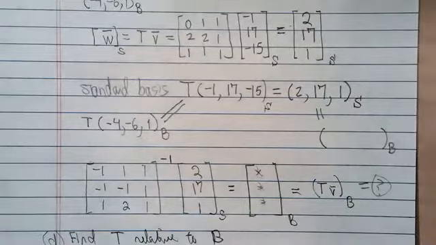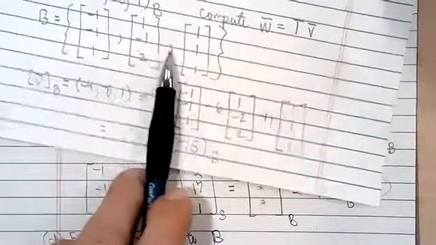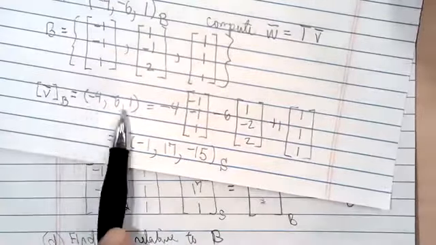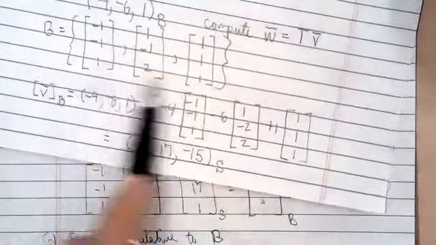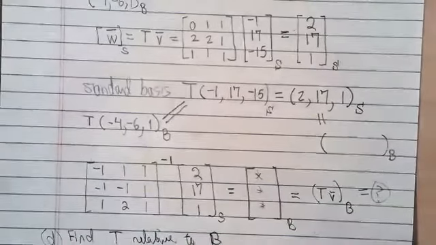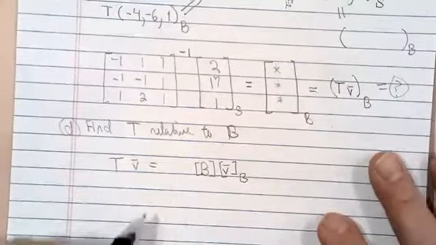And we spelled it out in detail somewhere. Oh, right here. We took these B basis vectors and we multiplied this minus 4, minus 6, 1 on the left by the B matrix to get this. So you take that B coordinates, multiply on the left by the B matrix.